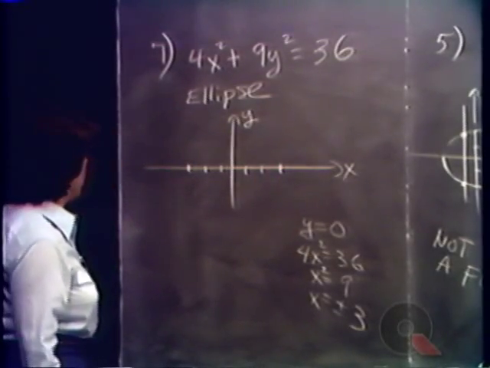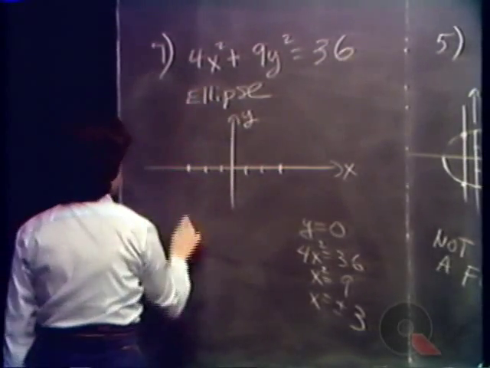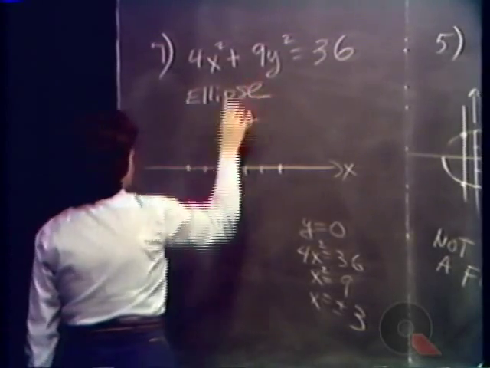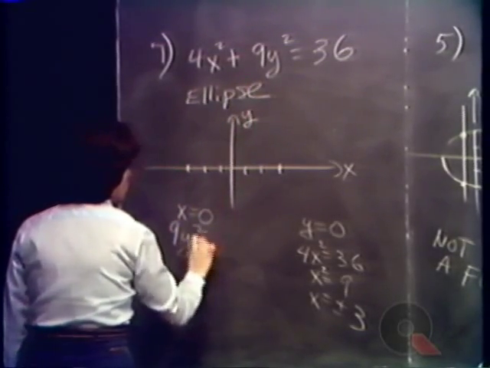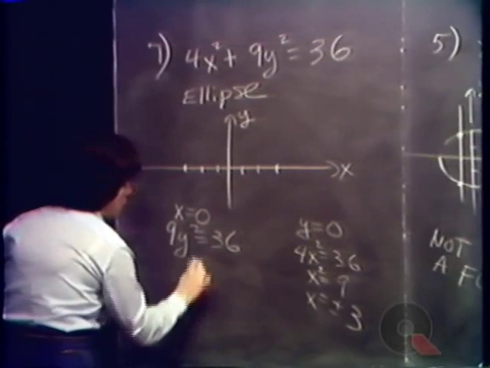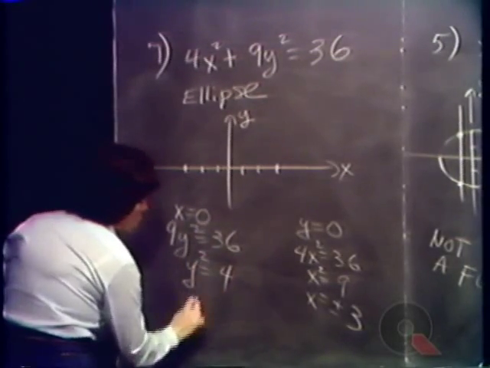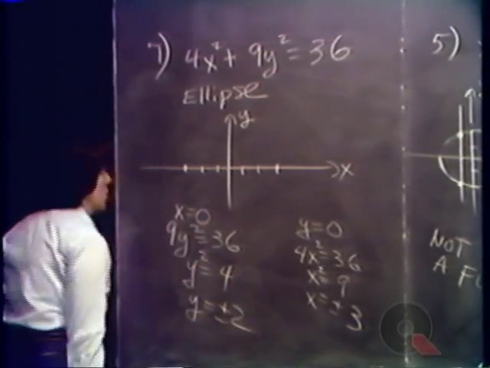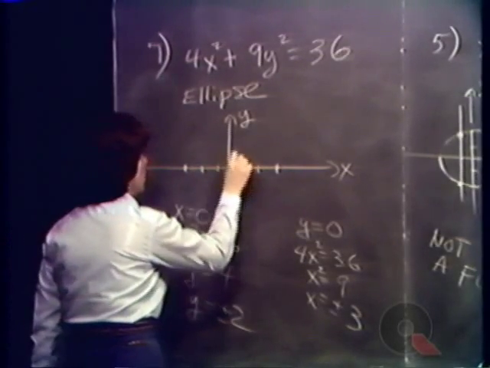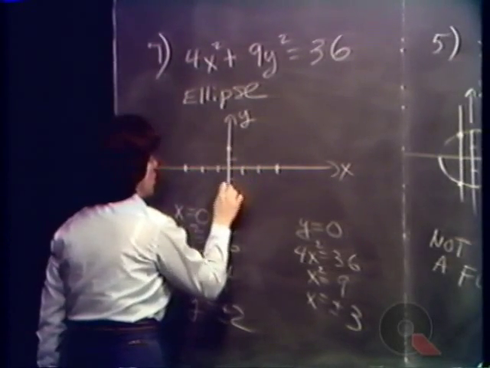To find the y-intercepts, we would set x equal to 0. We would get 9y squared equals 36. y squared is 4. y is plus or minus 2. We have two y-intercepts, plus 2 and minus 2.